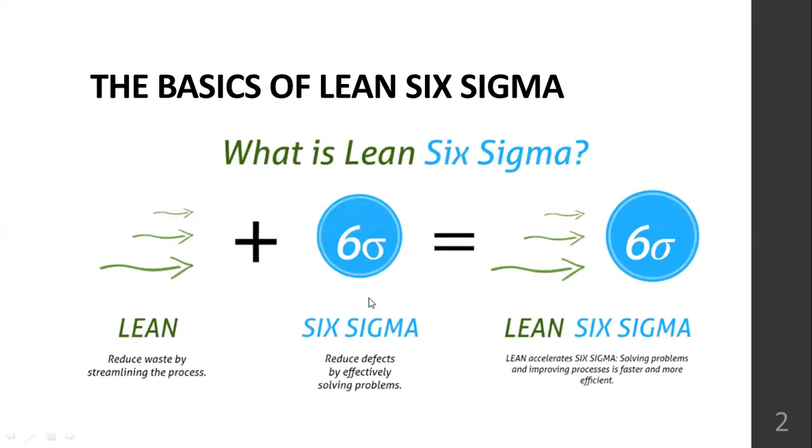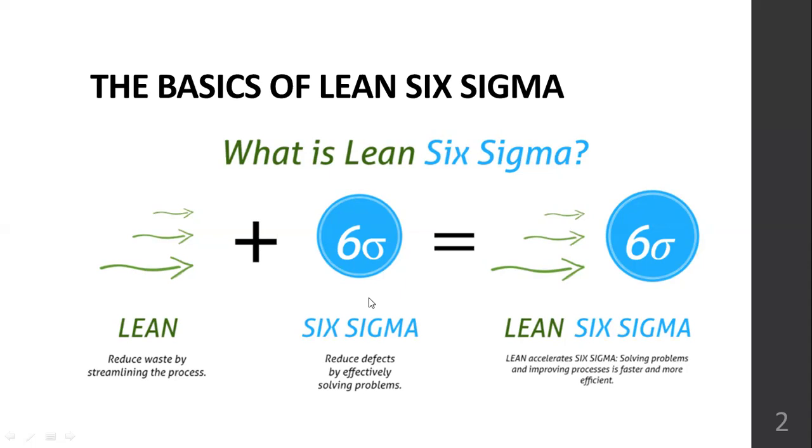So what is Lean Six Sigma? Lean means reducing waste by streamlining the process. Streamlining the process means what? Anything that does not add value, you remove it. Any step, any process or procedure that does not add value, you remove it. Six Sigma reduces defects by effectively solving the problems.